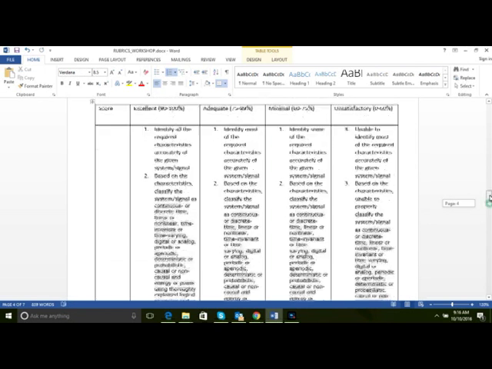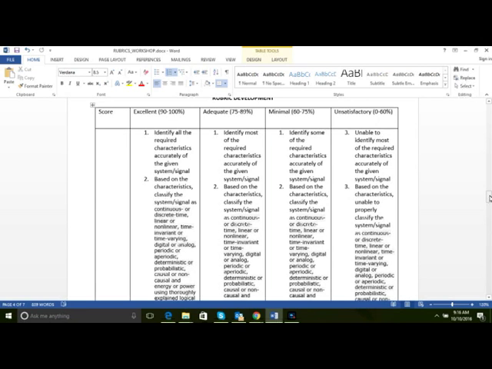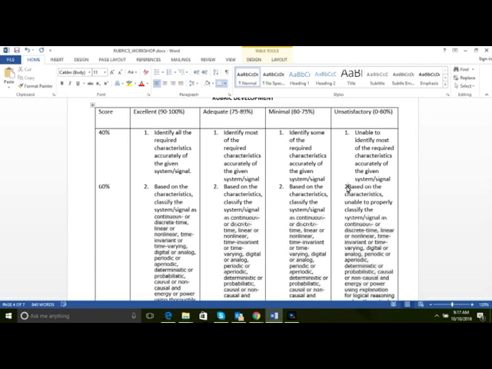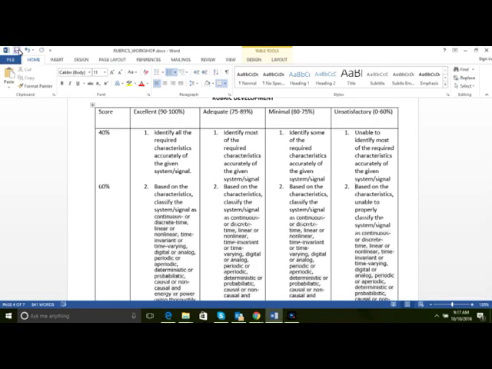Now faculty decide to assign scores for these different steps. 40% for the first step in identification of characteristics and 60% for the classification of characteristics based on logical reasoning and mathematical expressions.